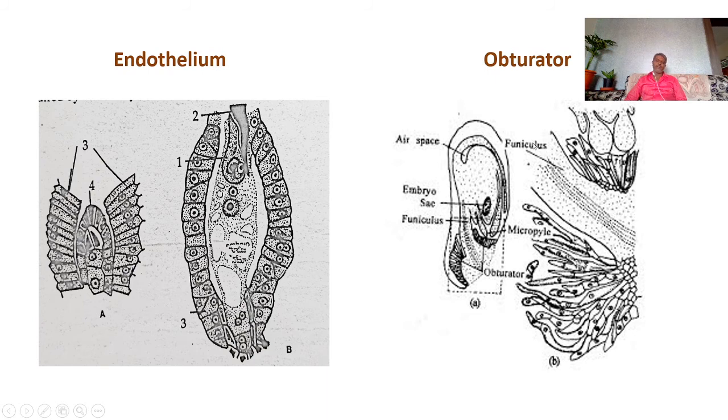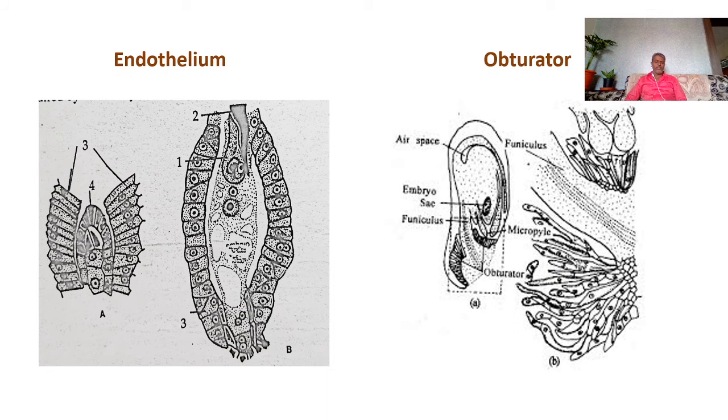You can see here, this is the pollen tube, and this is the obturator, the micropylar region followed by the obturator. It guides the entry of the pollen tube into the ovule through the micropylar region. The pollen tube enters into the ovule through the micropyle, and it is guided by this structure called obturator.